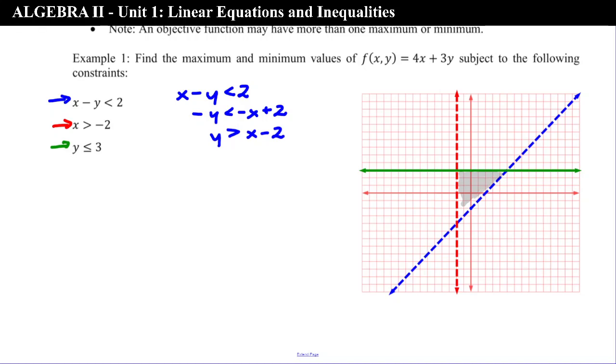Okay? It's good that our shaded area is bound because our next part is going to utilize what we call the corner point method. And the corner point method is finding those vertices. Okay, so we have a vertex here. We have one over here.